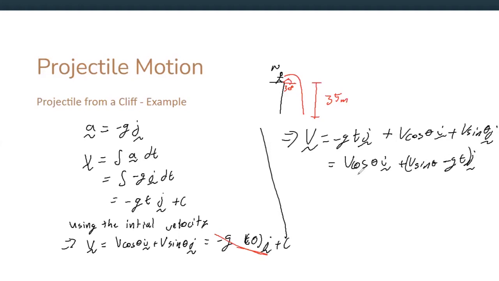All right, and so from here we're just going to integrate this again to get our displacement. So then we use that displacement is equal to the integral of our velocity with respect to time.